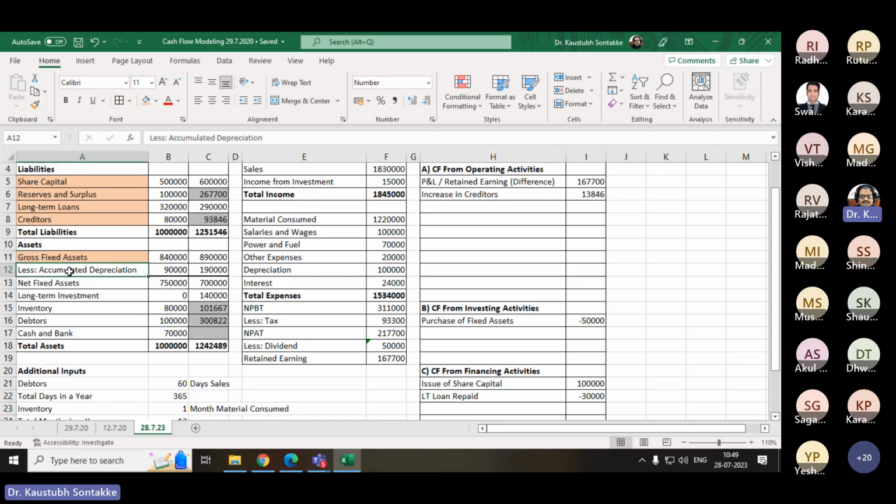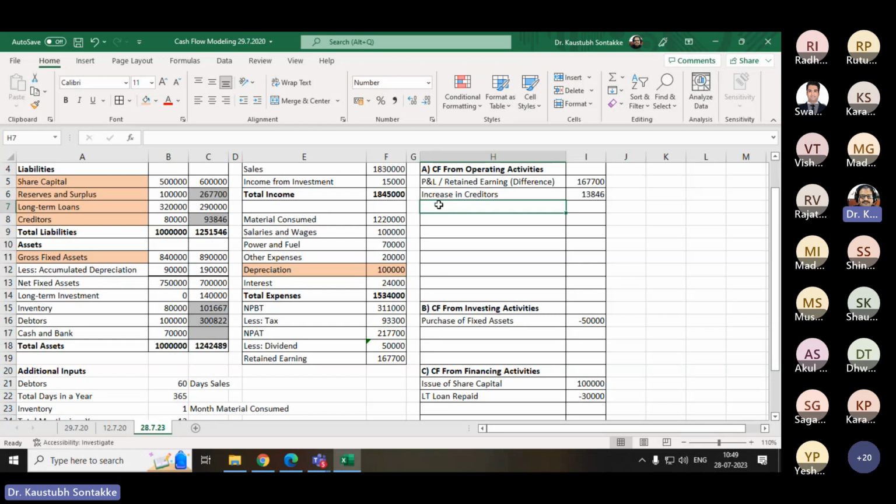Now second is accumulated depreciation. Depreciation is 90,000 in year 1 and 190,000 in year 2. But primarily we take this because it is a profit and loss account item. I have highlighted this in profit and loss. 1 lakh rupees we have debited in P&L, which is a non-cash expense, and that is why we have to add it back into operating activity.